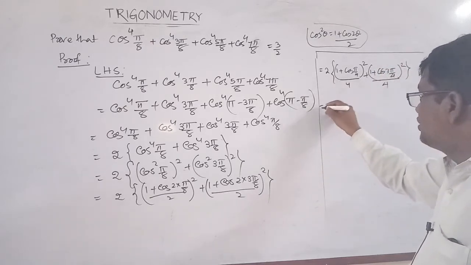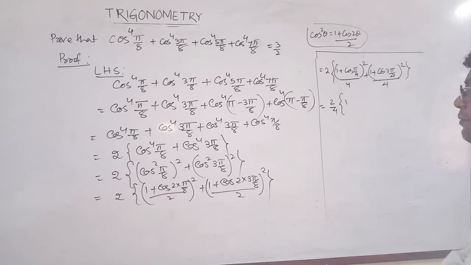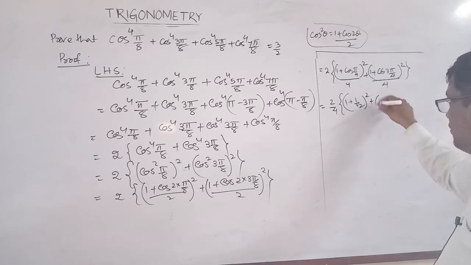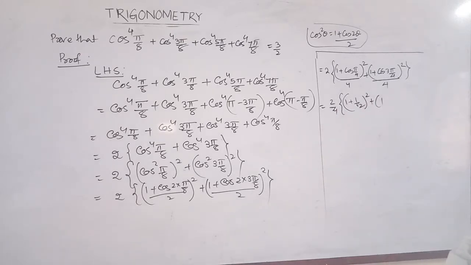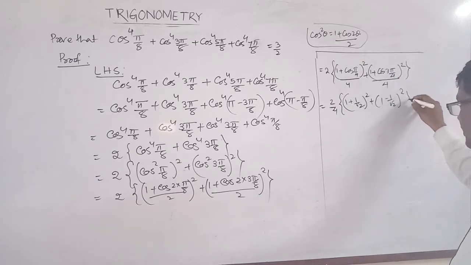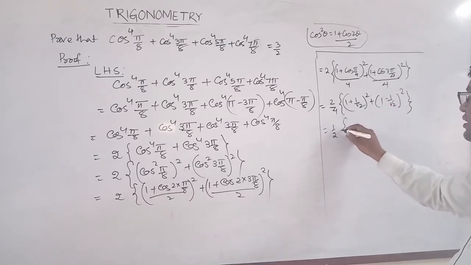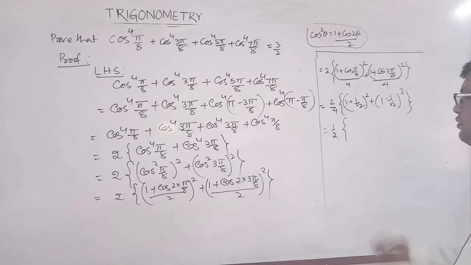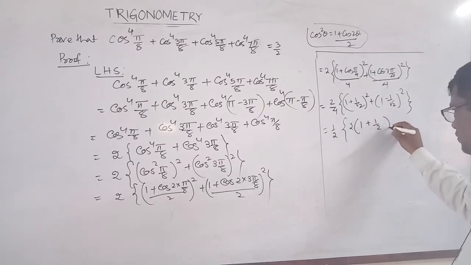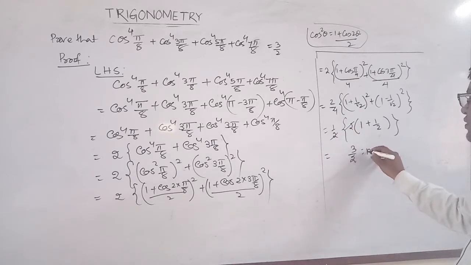So that is 2 by 4 into 1 plus cos 45 degree, 1 by root 2 whole square, plus 1 plus cos 135, 3 pi by 4 means 135, minus 1 by root 2 whole square. This is a plus b whole square plus a minus b whole square. This is 1 by 2 into 2 into a square, which is 1, plus b square, 1 by root 2 square means 1 by 2. So 2 cancels and this is equal to 3 by 2, which is equal to the right hand side. Hence proved.